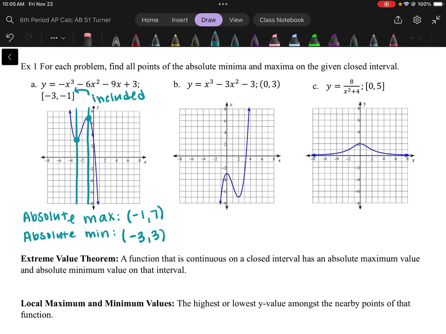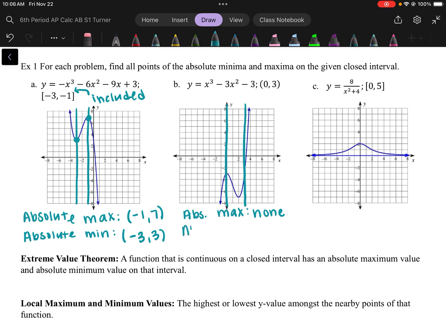So for example 1b, our absolute max actually doesn't exist. We don't have an absolute max if we're looking from 0 to 3. There's no finite point since it's not given that we are being included on this side. So we don't have a finite point where it can be.